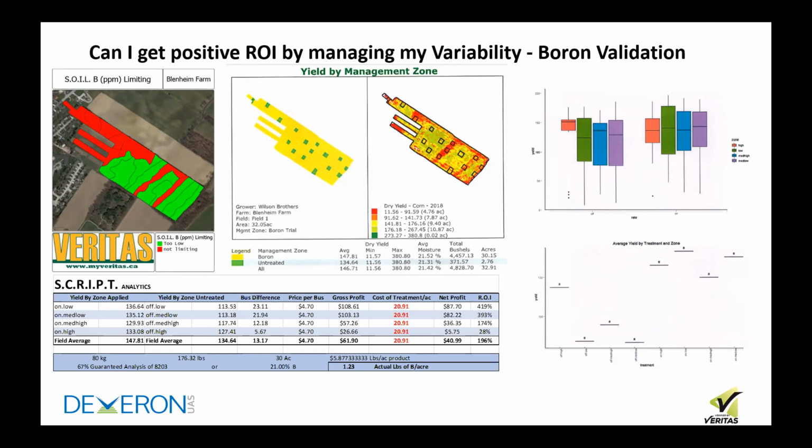What I really like about this test is it uses all of the tools available in the marketplace. We used the yield monitor on the combine, and I'd like to add that's the only tool my farm operation has. We rely very heavily on our ag retailer to do the variable rate fertilizer applications, in this case, the variable rate spraying, and we use the analytics provided to us from Veritas to do the rest.